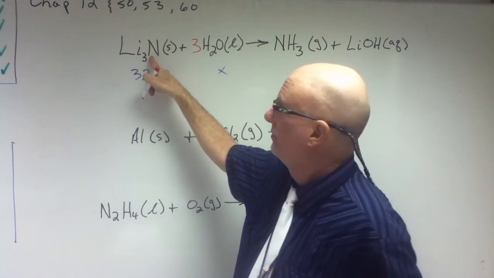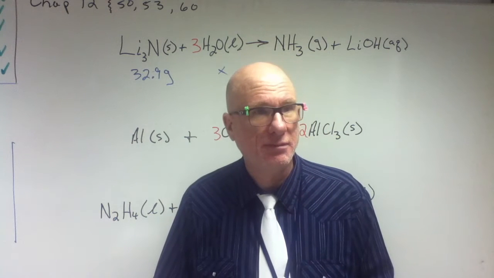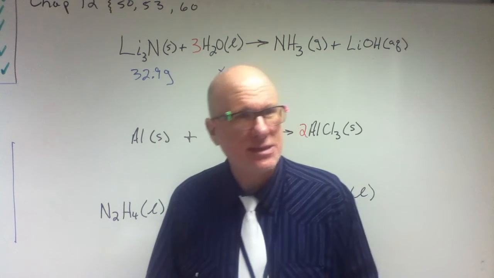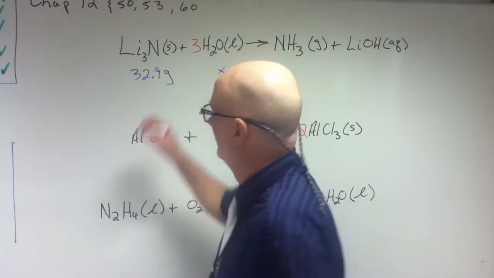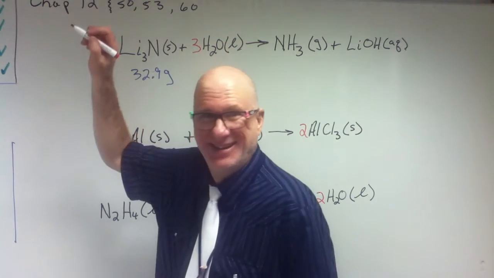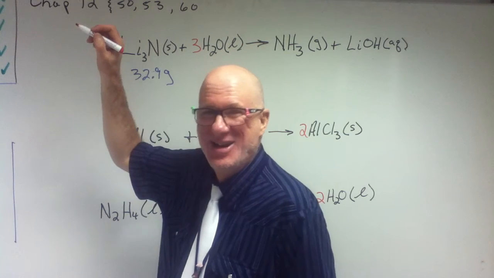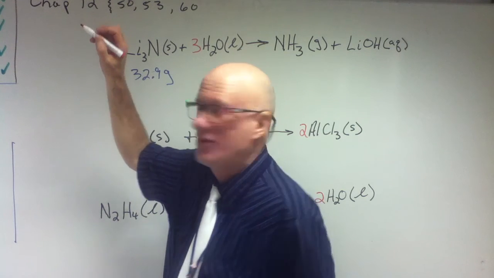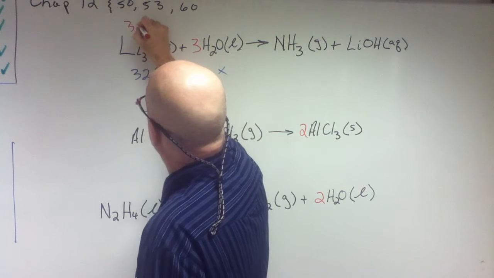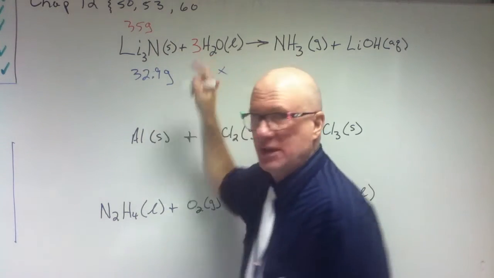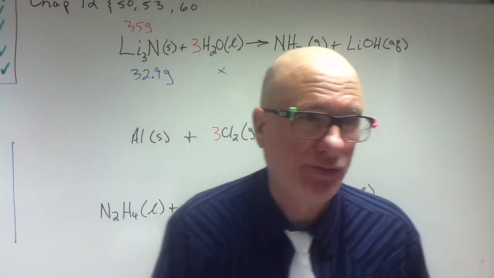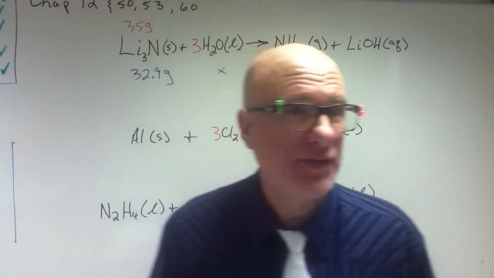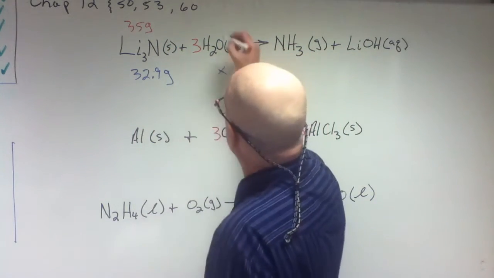It's actually 34.7, so 35 is fine. What was I saying about mass numbers just a moment ago? Mass numbers. So it's 35. And 3 times 18 is what? 54? Yep.